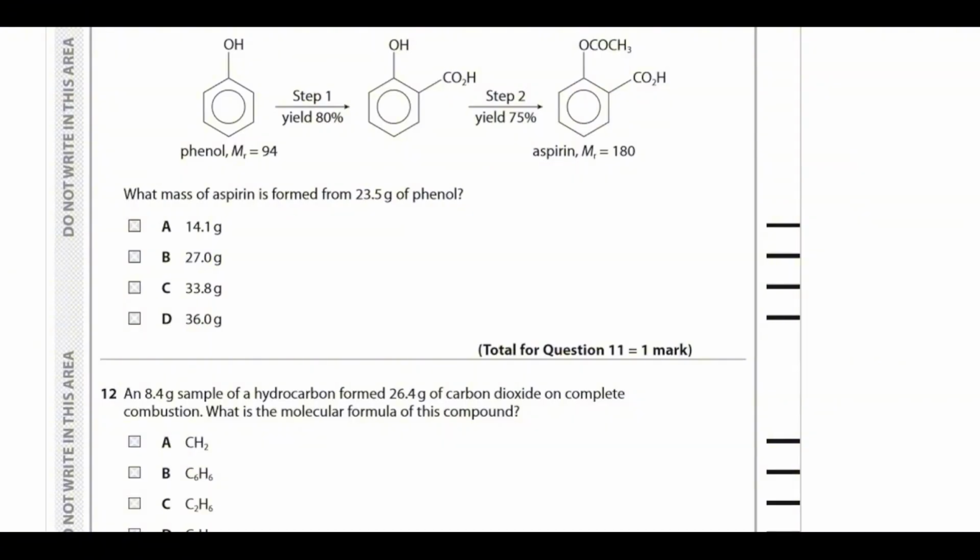So let us first find the moles of phenol, which is much easier. The molar mass is provided, so the moles of phenol would be 23.5 divided by 94, which gives us 0.25 mole of phenol.